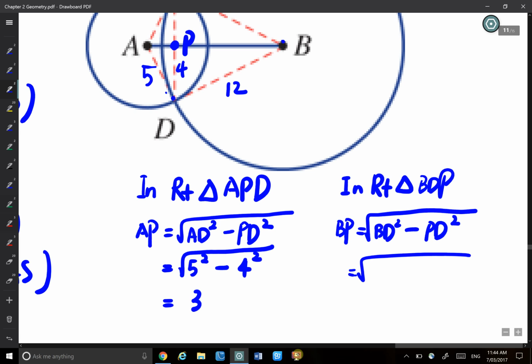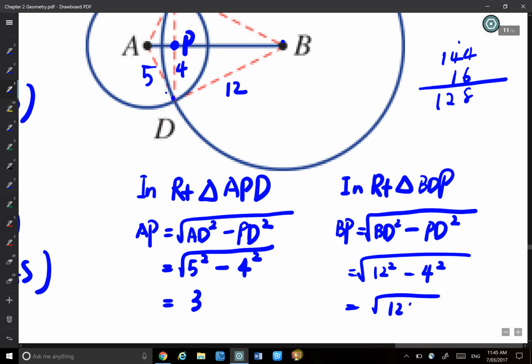That gives me 12 squared minus 4 squared, which is 144 minus 16, that's 128. So the square root of 128. 128 can be divided by 4 to get 32, divided by 4 again to get 8, divided by 4 to get 2.